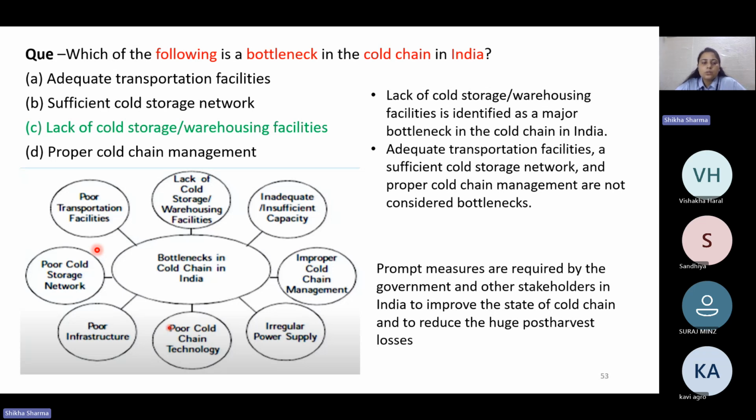This can be reduced if a continuous cold chain is there. So improvement should be done. Strong measures should be taken from the government side and by other stakeholders, so that the state of the cold chain is improved and post harvest loss is reduced.